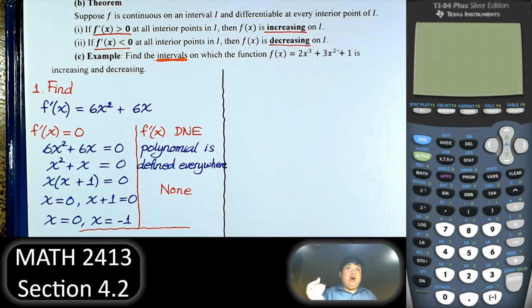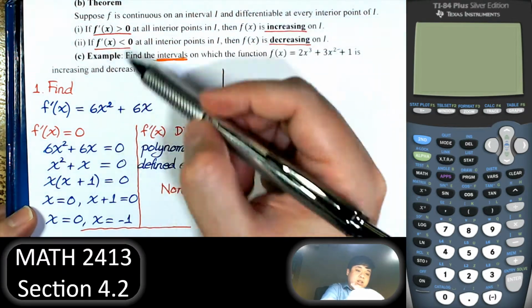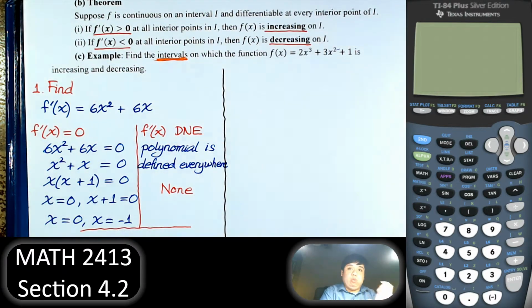So in that case, we do not need to know what happens at the point. So we don't really need to check the values of the function. So that's all we need.